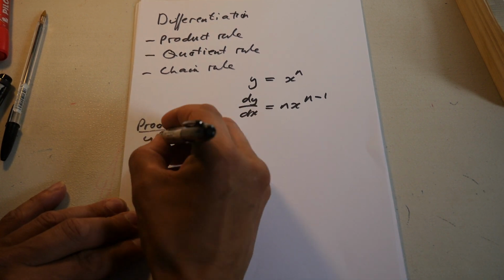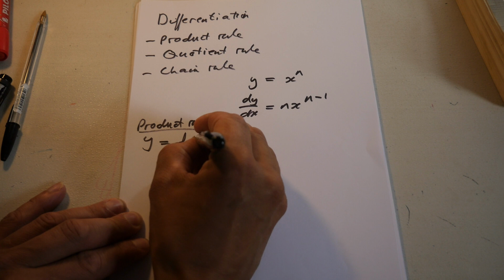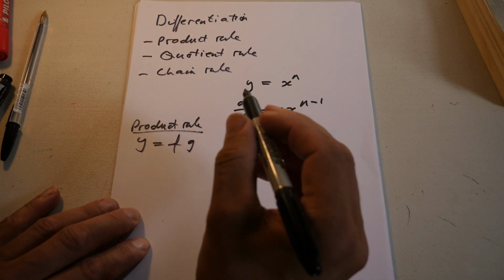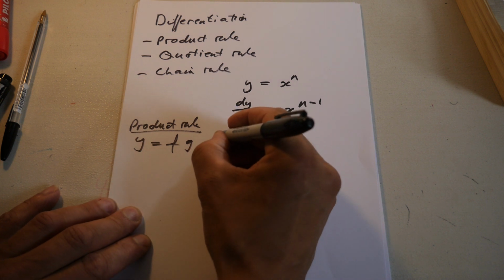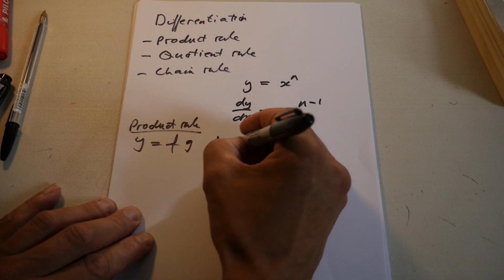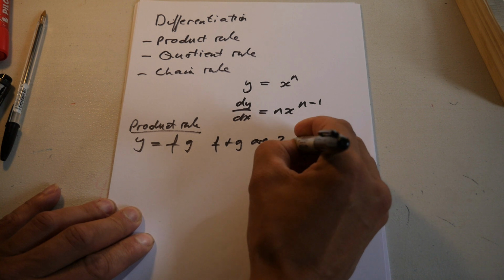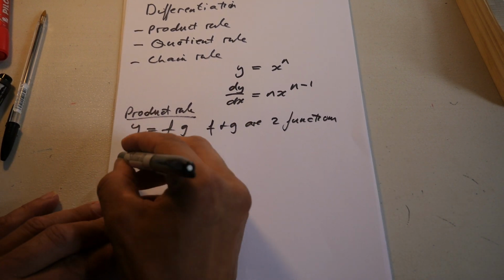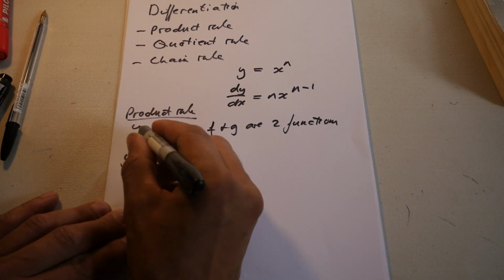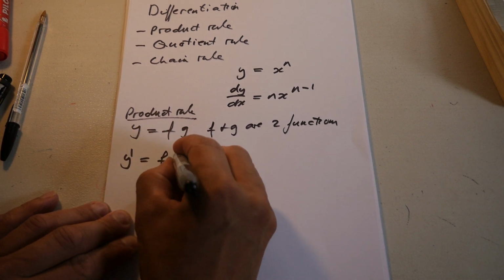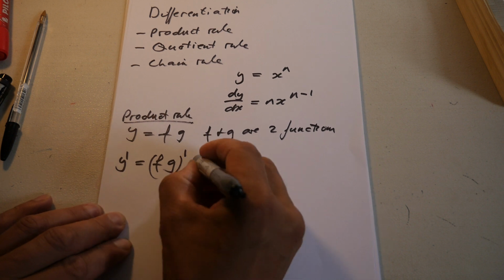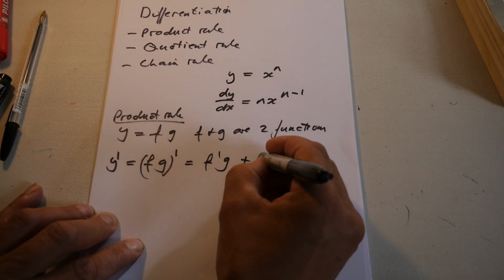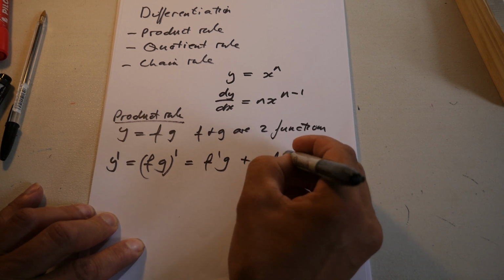Okay. So if y is a product of f and g, two functions, okay? So y dash equals f dash g plus f g dash, okay?